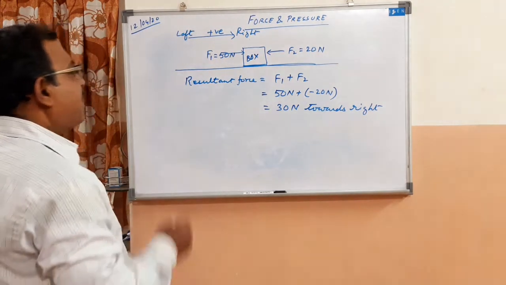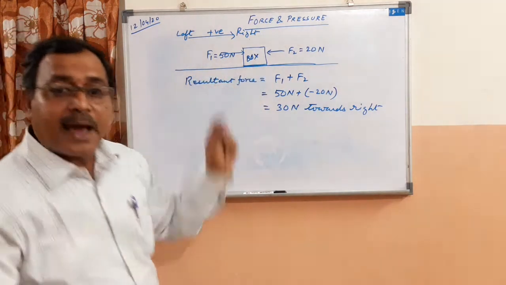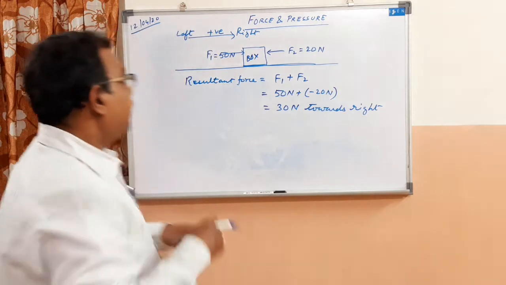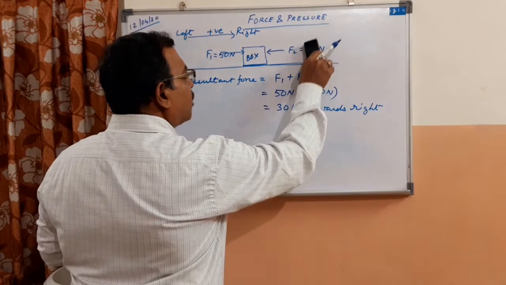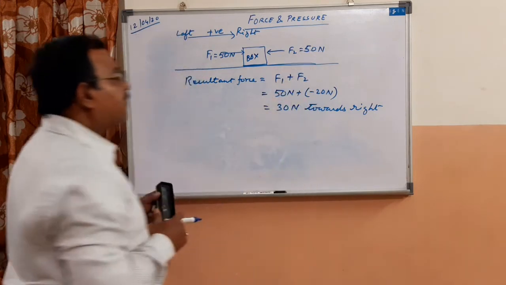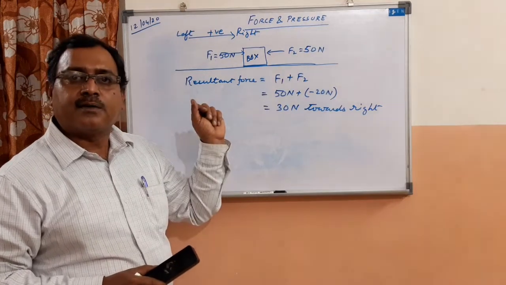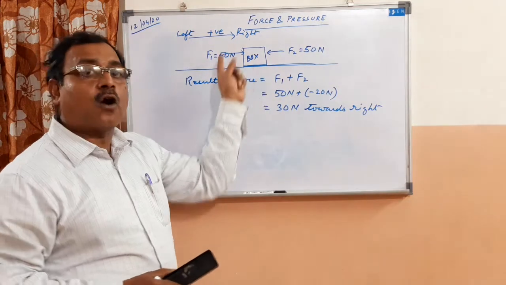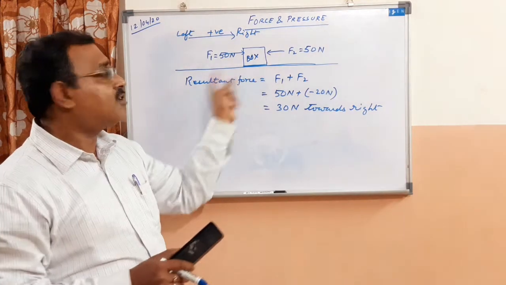Similarly, if two forces of equal magnitude, supposing here F1 is 50 Newton, F2 is also 50 Newton. Two equal and opposite forces are acting on the same body. Then in which direction will it move?